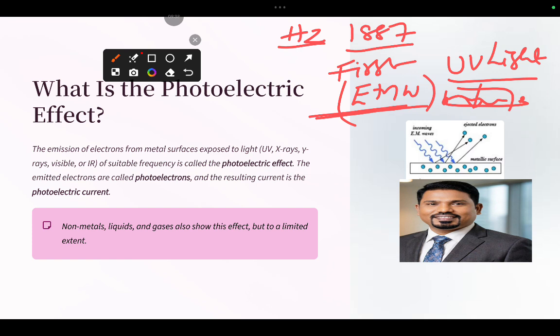This was the first evidence that light could affect electrons in metal. So that is Heinrich Hertz's concept.